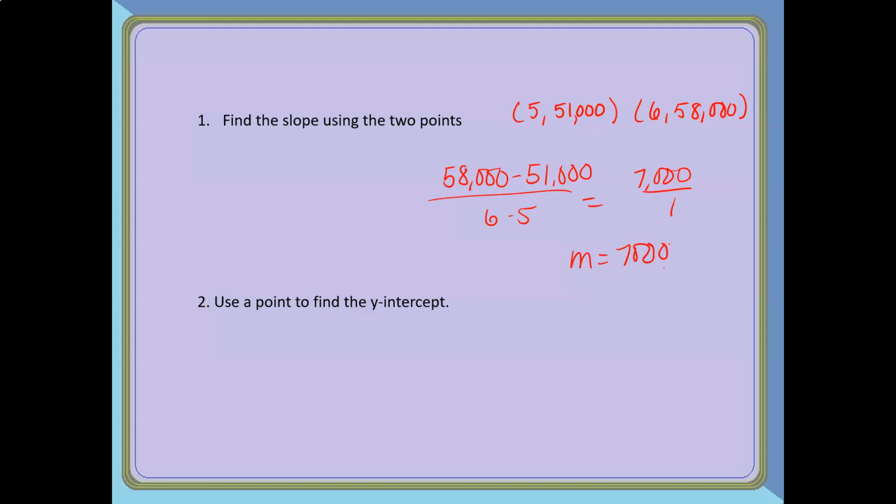Now we can use the points to find the y-intercept. So I have y equals 7,000x plus b. I'm going to take 51,000 equals 7,000 times 5 plus b. So I have 51,000 equals 35,000 plus b. I'm going to subtract that 35,000.